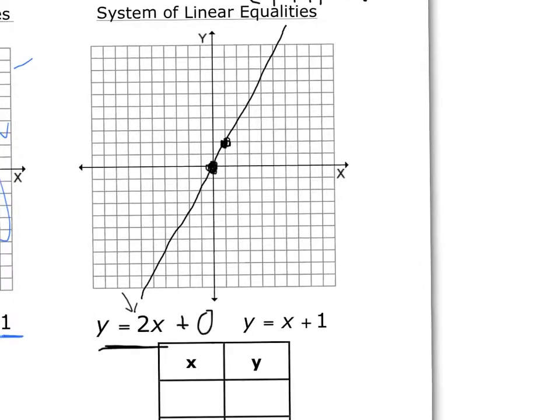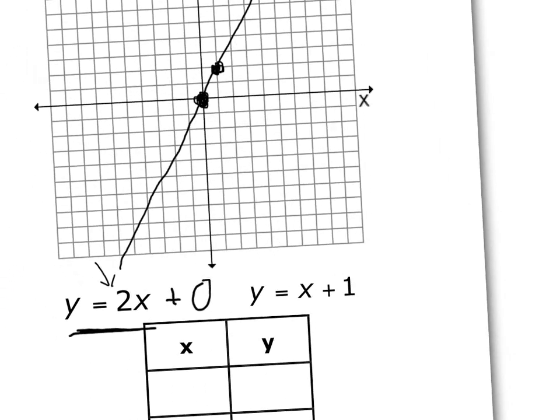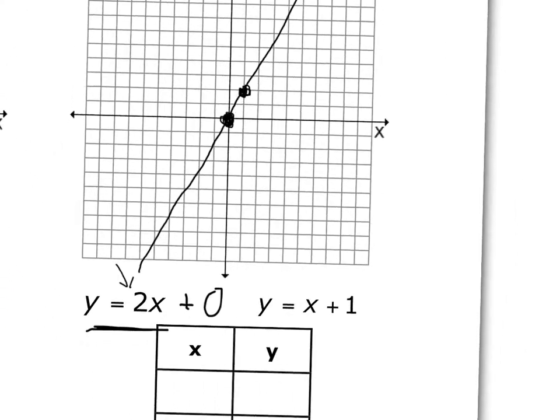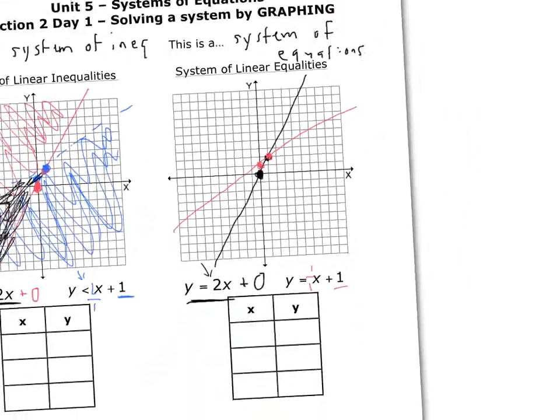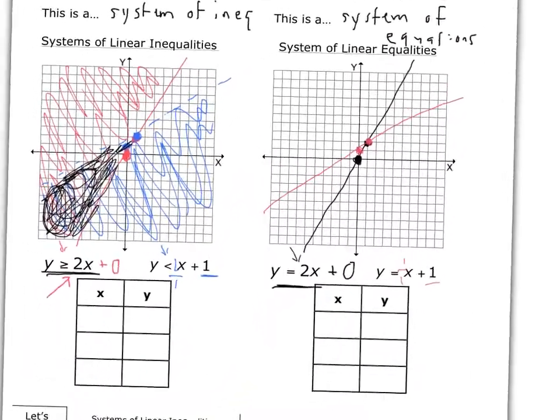Okay, so let's try our other one. y equals x plus 1, so remember we had a y-intercept of 1 and a rise over run of 1 over 1. And once again, you do not have to decide what type of line. You don't have to shade. You don't have to do any of that. So how do you decide what the solutions of a system of equations are?